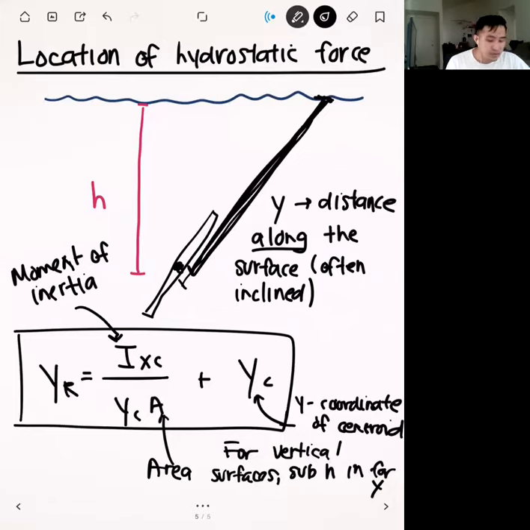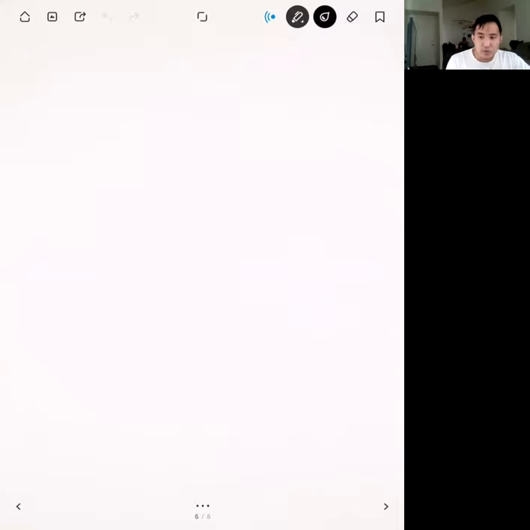Those are the two main formulas that you need. At the very least, you're going to use these two formulas. One other thing you might need for these problems is to use them to compute moments about a hinge. I don't think we explicitly cover this in the lecture, but I do want to cover it a little bit.